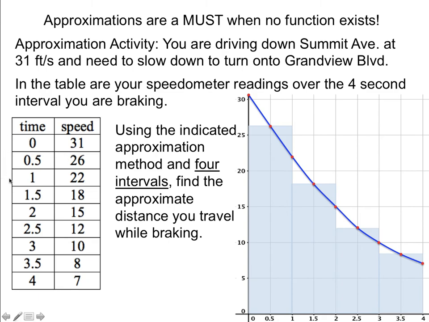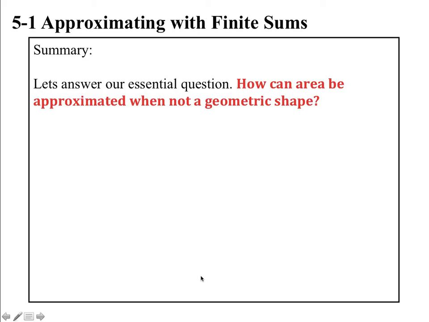We are going to have to take 0 and 1, make a big rectangle out of that, and use the 0.5 as the midpoint for the height of the rectangle. So an MRAM would require fewer rectangles for approximation, fewer sub-intervals. But for the RRAM, since we do have information every half second, we could do 8 sub-intervals here. So there are our strategies for our different methods of approximation.